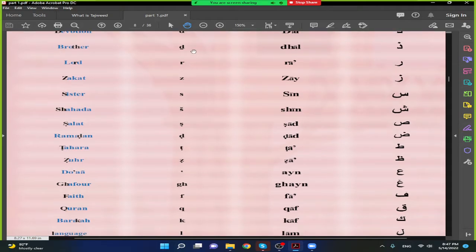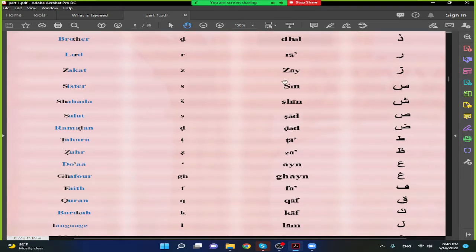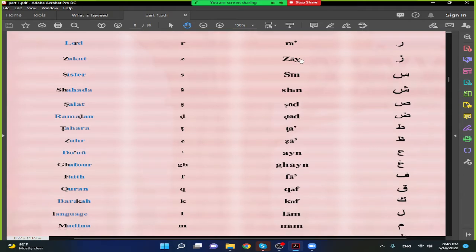We are not learning that right now, but right now I'm just telling you that Zal starts with the Z sound and Za also starts with the Z sound, but they are different in their shapes. So when you forget, I will say Z for Zal or Z for Zai, depending on its shape, okay.